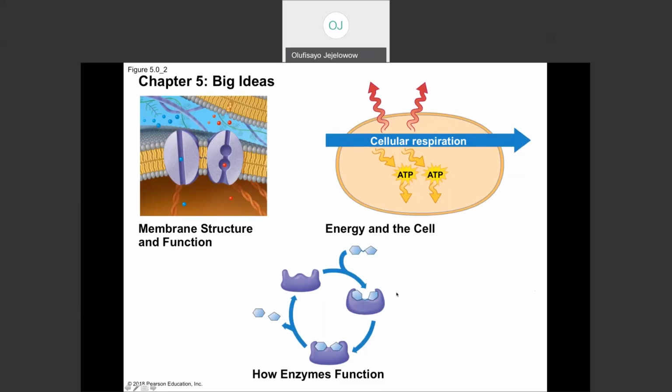We're also going to look at energy and the cell. Every living cell undergoes the process of cellular respiration. All other forms of energy will be converted to ATP, the energy currency of the cell, during cellular respiration. This is the molecular form of energy that all cells can utilize to do work.